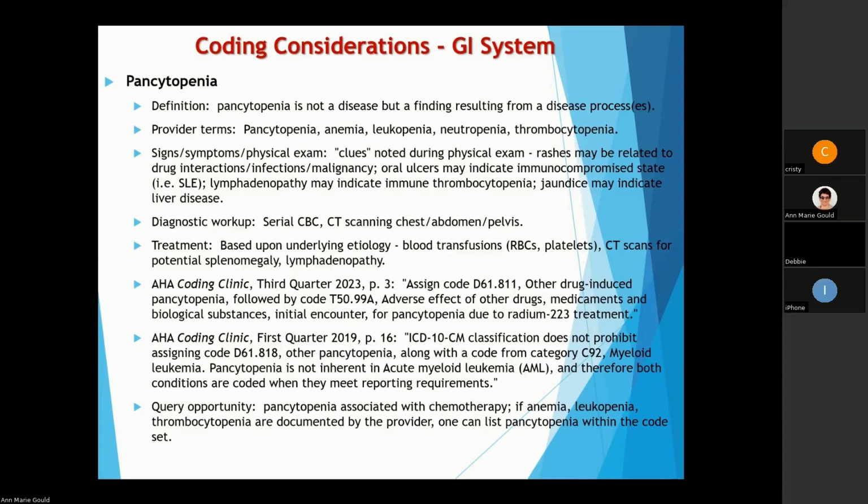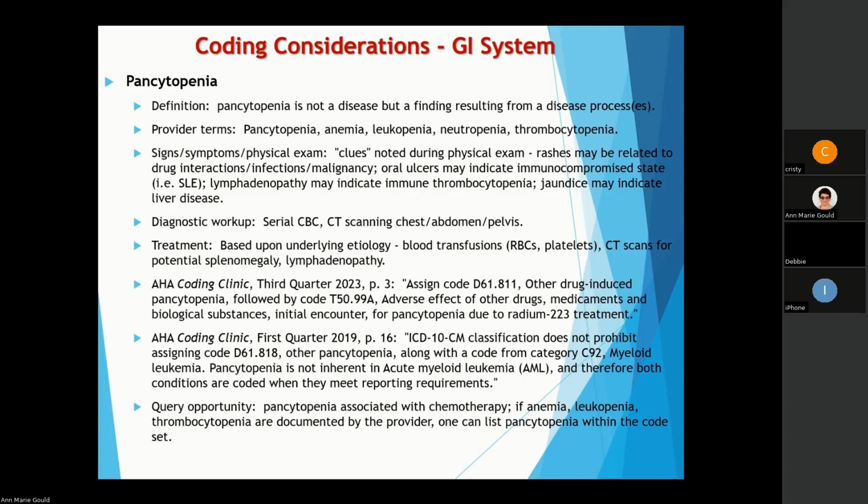For AHA Coding Clinic, third quarter 2023, page 3, assigned code D61.811, other drug-induced pancytopenia, followed by T50.99A, adverse effect of other drugs, medicaments, and biologic substances, initial encounter, for pancytopenia due to radium-223 treatment.